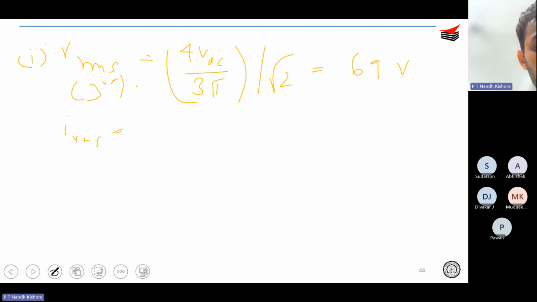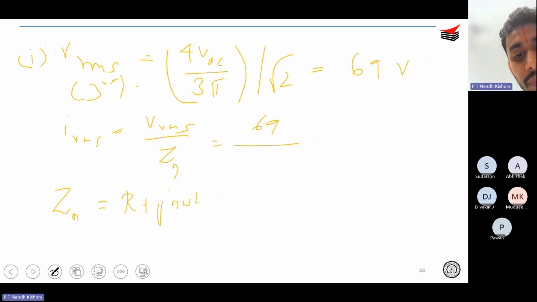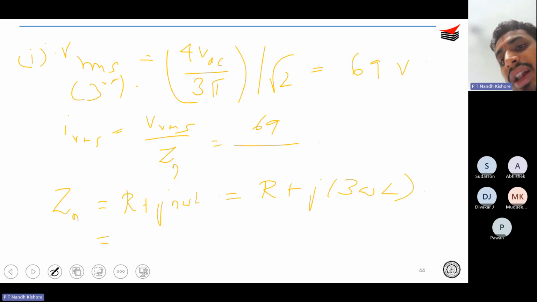IRMS is going to be VRMS over Z, right? That is 69 divided by what is Z? Zn, right? That is R plus j n omega L. Over here it's a third harmonic. So R plus j into 3 omega L. Got it?